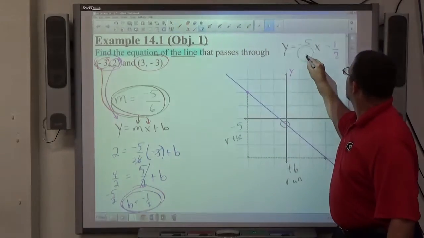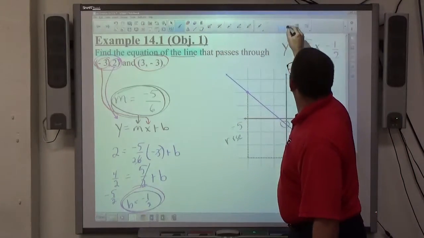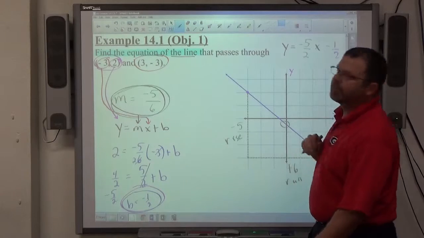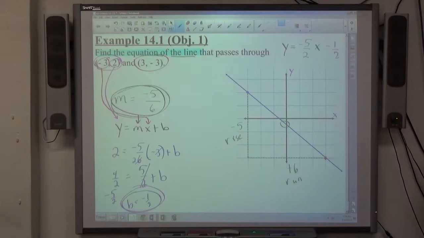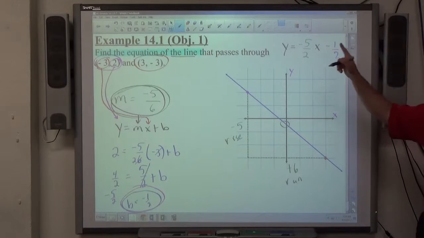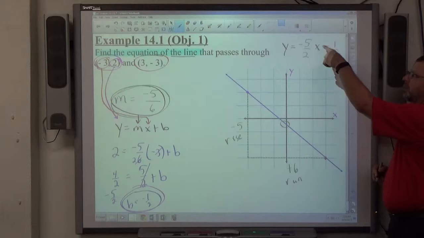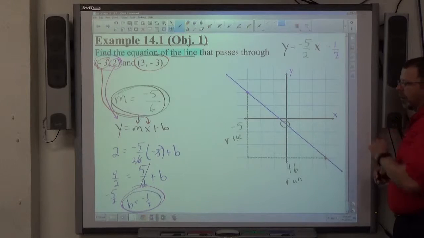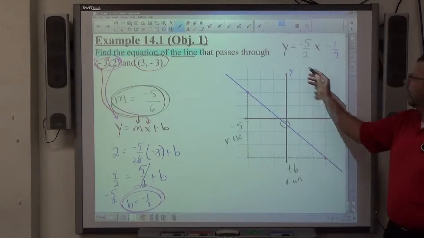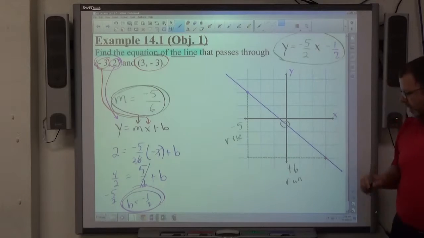Yeah, I messed up. That 5 over 2. There we go. I was saying 2 while I was trying to write x and my brain didn't cooperate with my hand, or vice versa. All right, slope goes in front of x, y-intercept goes after x. So slope times x minus 1/2, so negative 1/2 is the y-intercept. That is the equation of the line. That's how you do that.